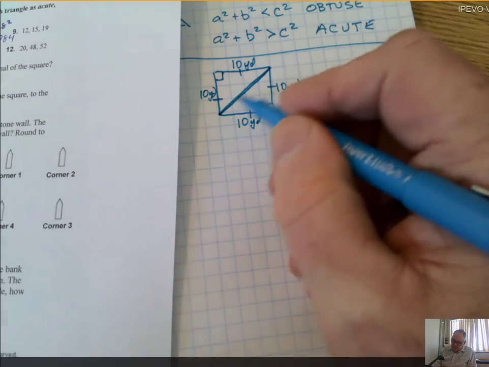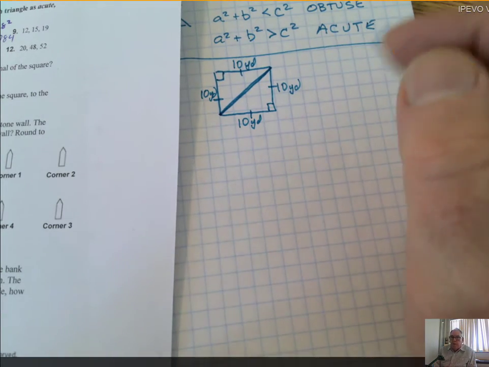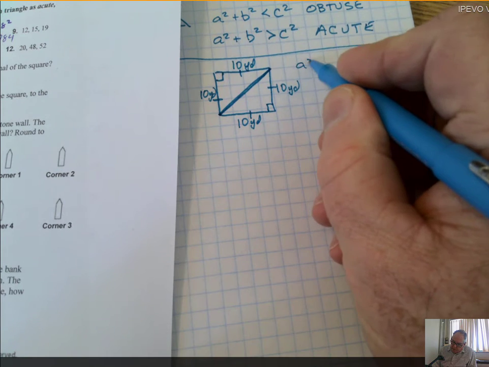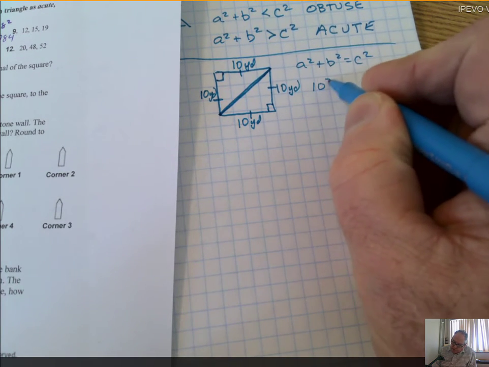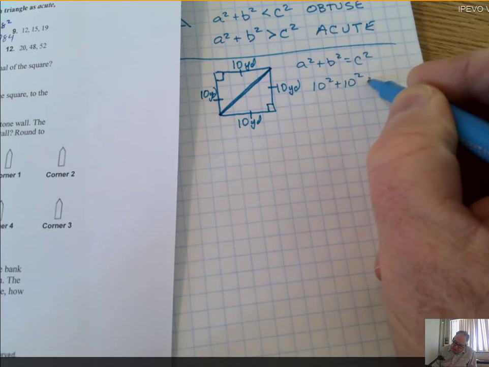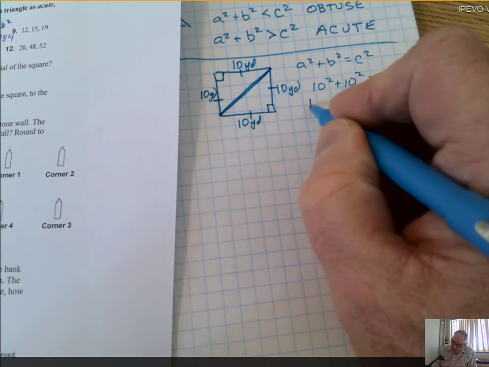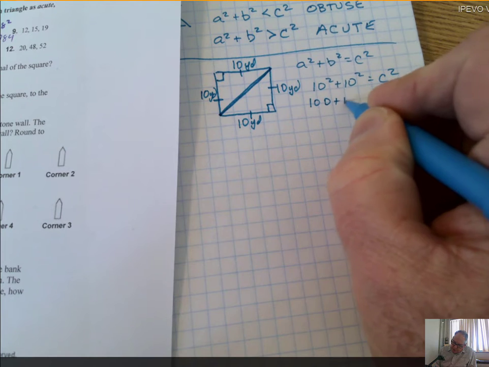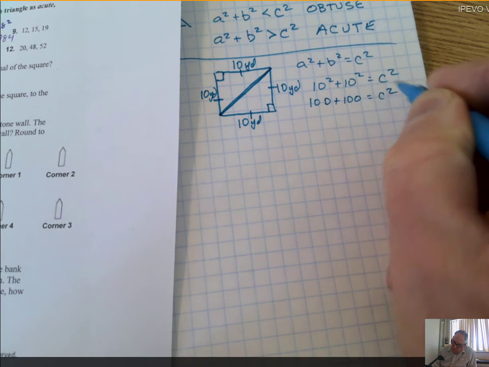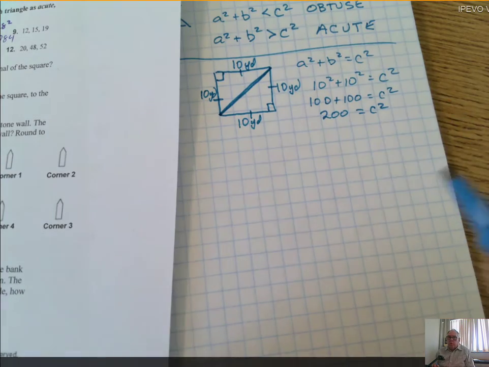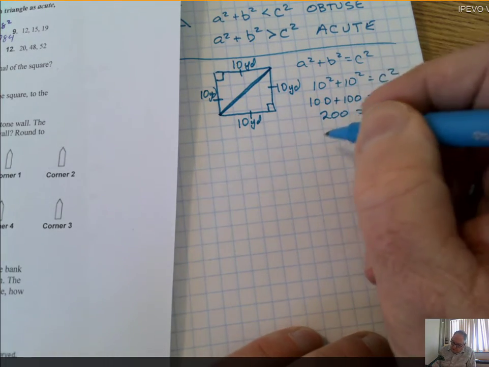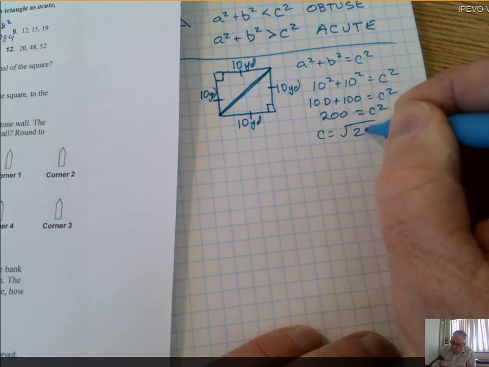To find the diagonal, we want to apply the Pythagorean theorem: a squared plus b squared is equal to c squared. So 10 squared plus 10 squared is equal to c squared. 100 plus 100 equals c squared. 200 equals c squared, and we want to take the square root of both sides. So c is going to be the square root of 200.